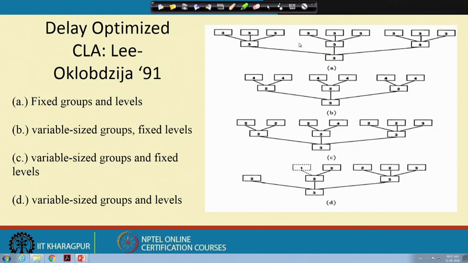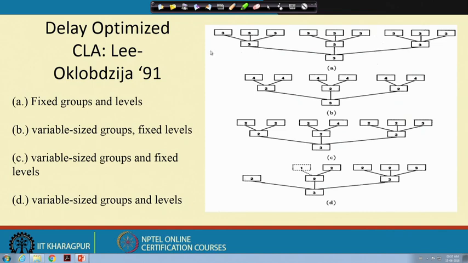Fixed groups and levels means the input corresponding to the gate is 3, then a total of 9 bits, and that is again ORed.